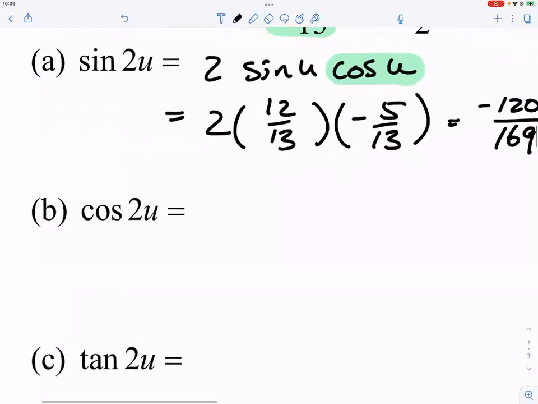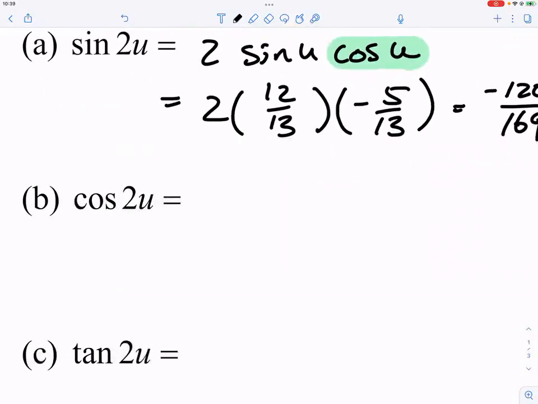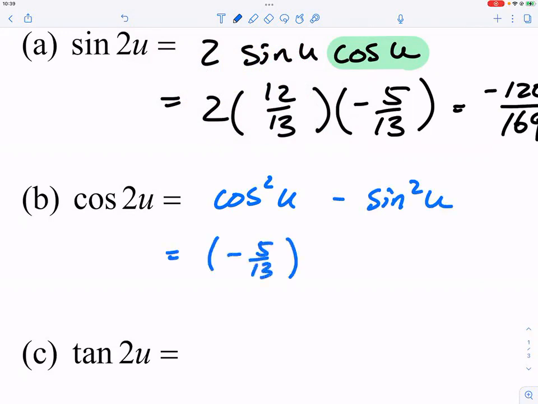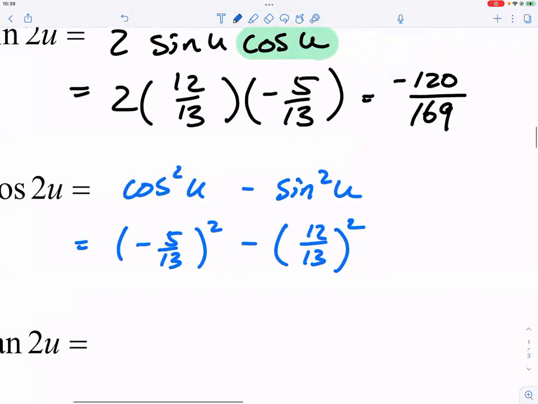So for part B, it doesn't matter which one you choose, they all should end up with the same value. So I'm just going to choose the first one, cosine square u minus sine square u. Cosine is -5/13 squared, and sine is 12/13 squared.